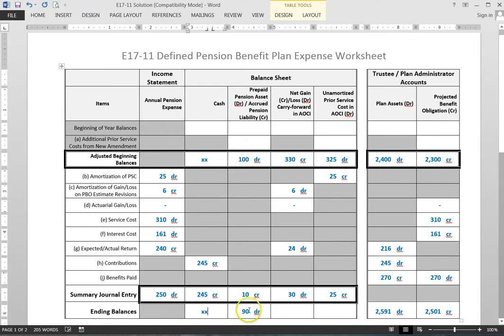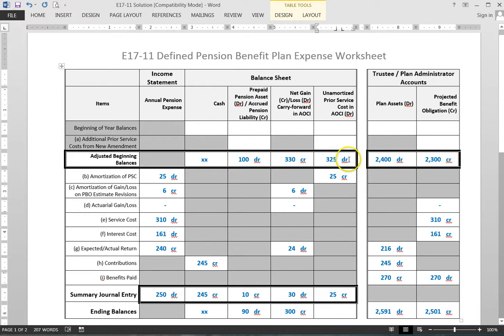Ending cash balance, then, I don't know exactly what that is. My AOCI accounts start out with a $330,000 credit balance, had a net debit to the account for $30,000, and so that leaves me with a $300,000 credit balance. And then I end up with a $300,000 debit balance in unamortized prior service costs.